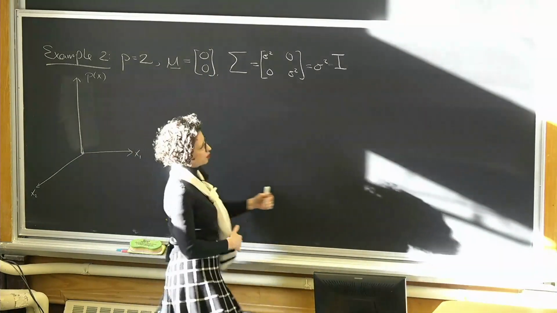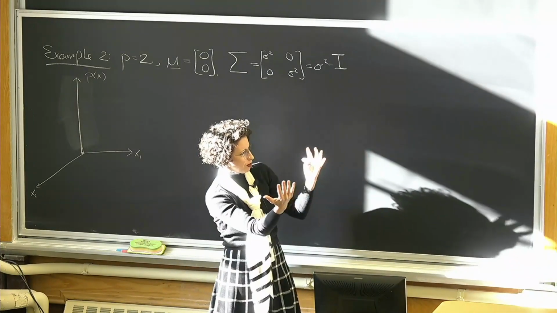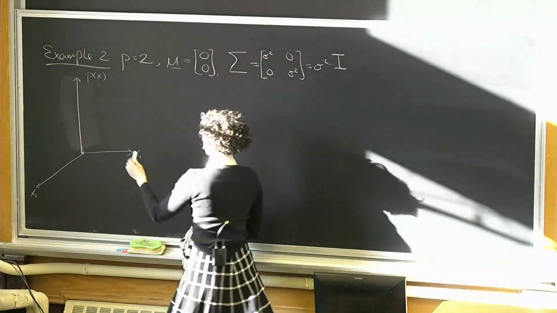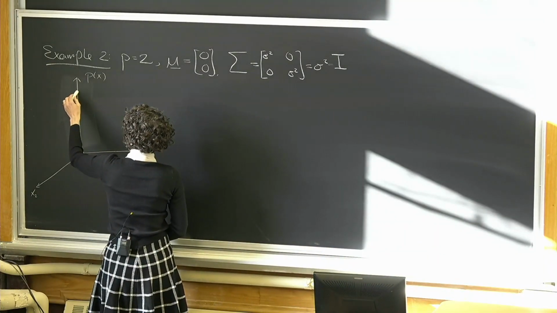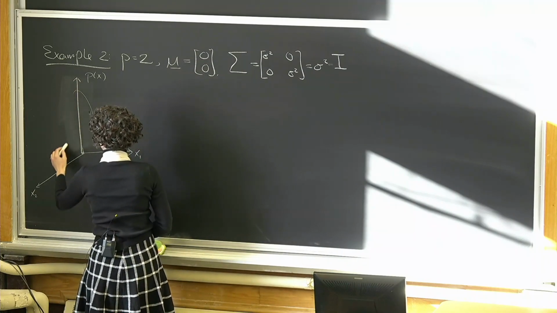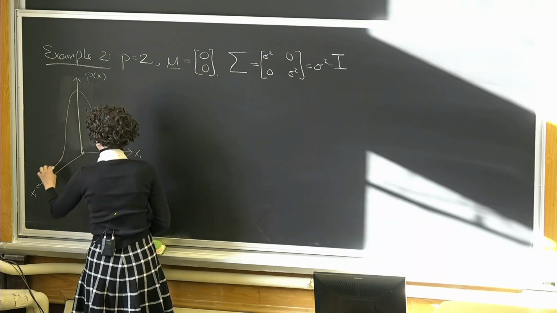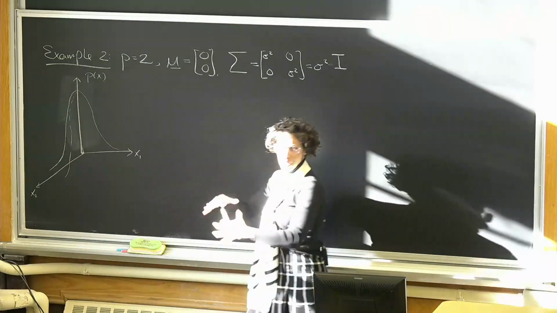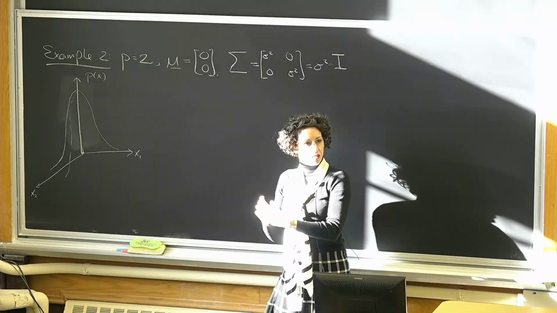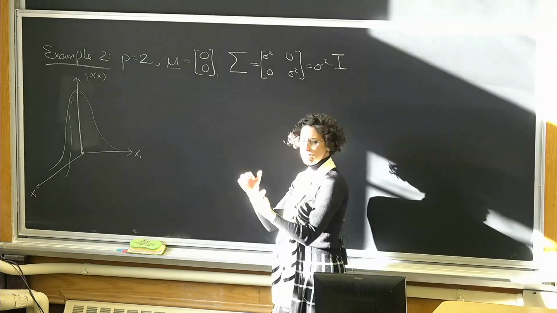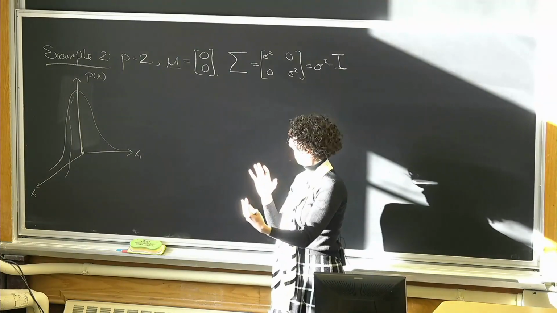And basically it corresponds to taking one of those bell-shaped curves and then just rotating it around the vertical axis. The pictures on the online lecture notes are much easier to see and interpret than my drawings here. But think about this bell-shaped curve that's been rotated around the vertical axis. So it's got the same spread in all directions.